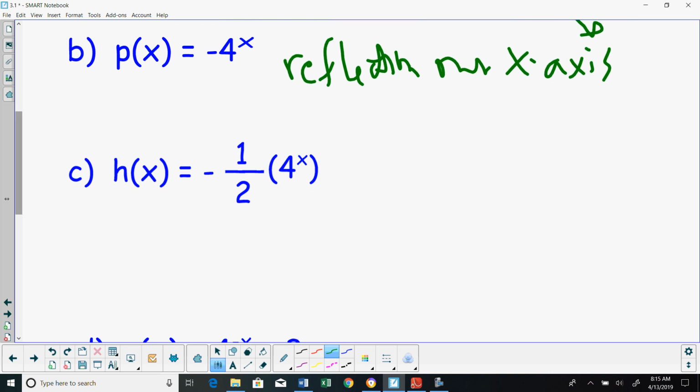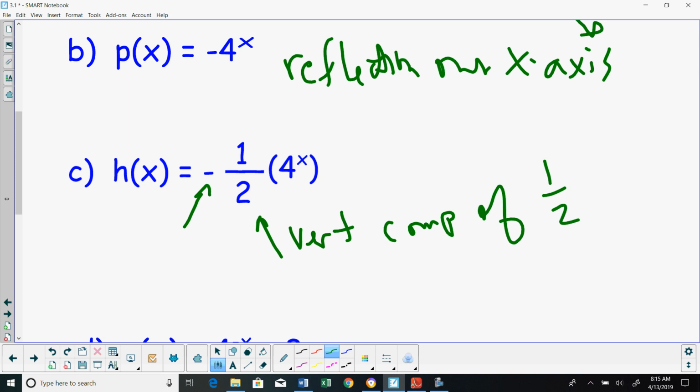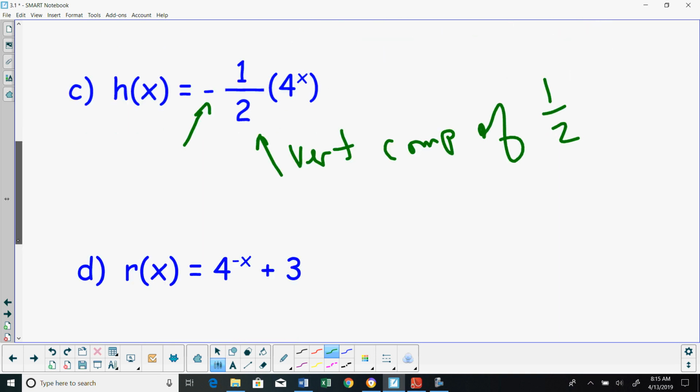Let's take a look at this next one. We've got 2 transformations here. Again, another reflection over the x-axis, but now this is going to be a vertical compression of 1/2. Again, no change to the horizontal asymptote, still going to be y equals 0.